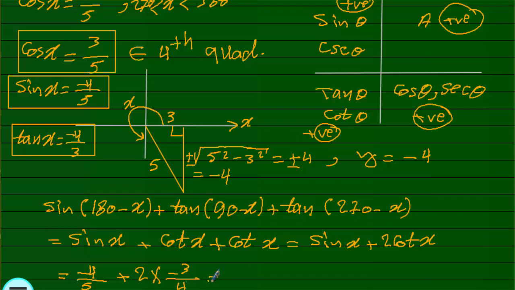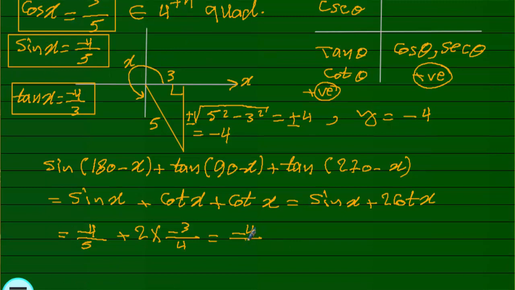And all of this equals negative 4 over 5 plus negative 6 over 4.